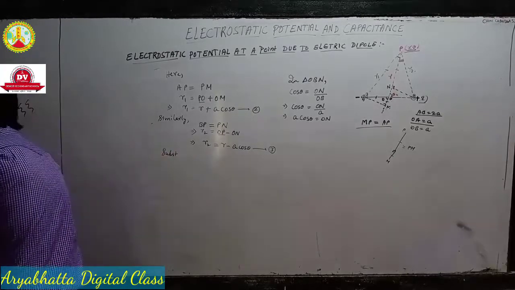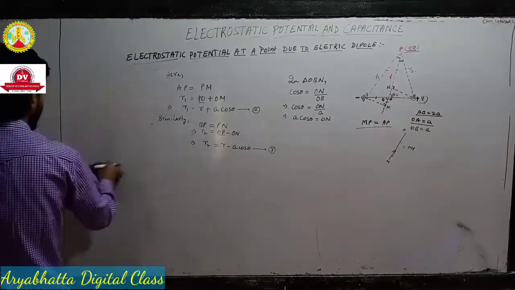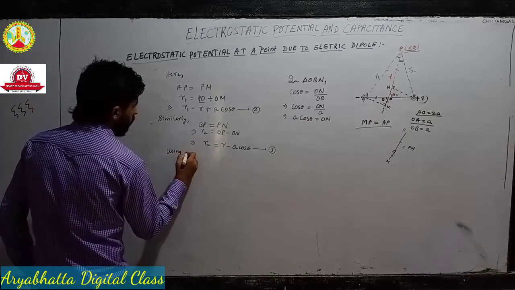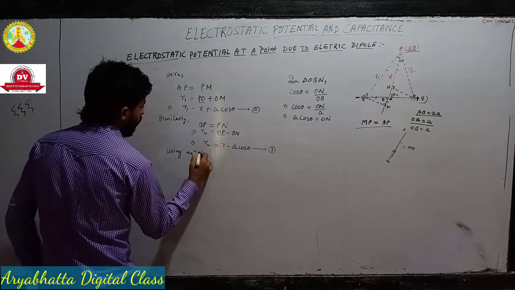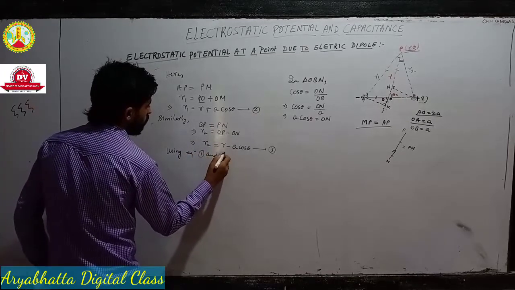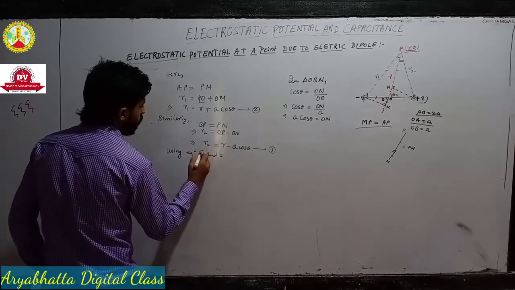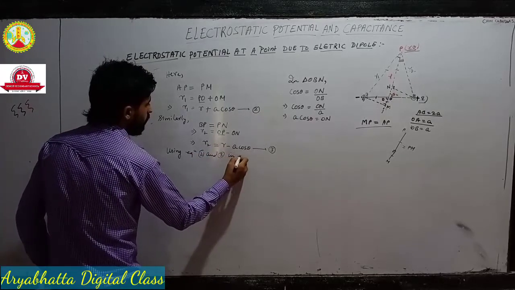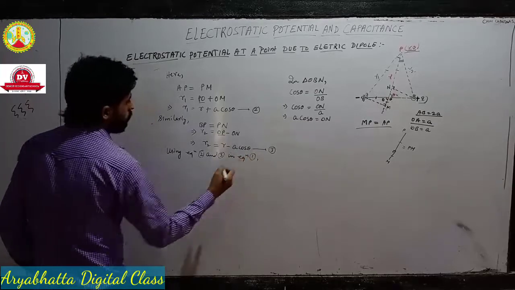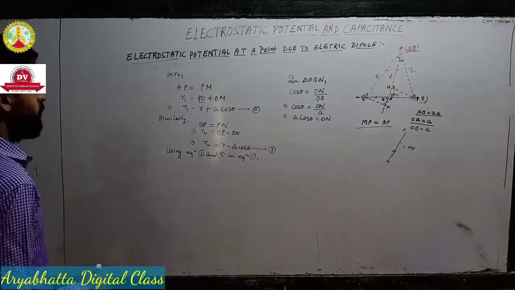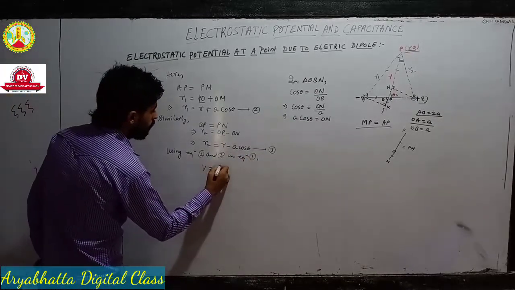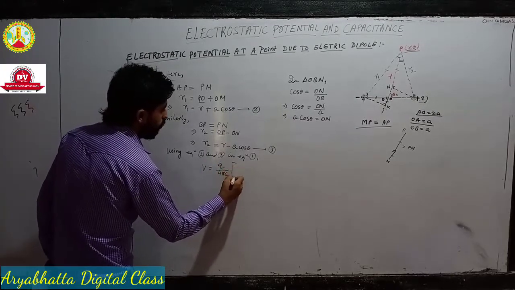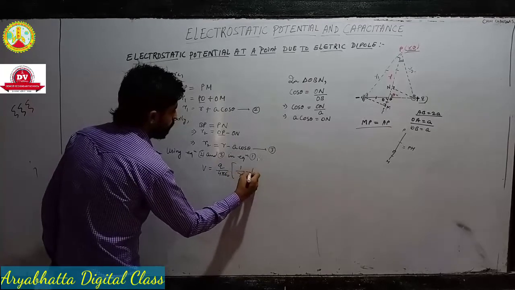So substituting, or you can just write in easier language, right? Using equation 2 and 3 in equation 1. So just check your equation 1. What was the equation 1? V is equal to Q by 4 pi epsilon naught into 1 by R2 minus 1 by R1.